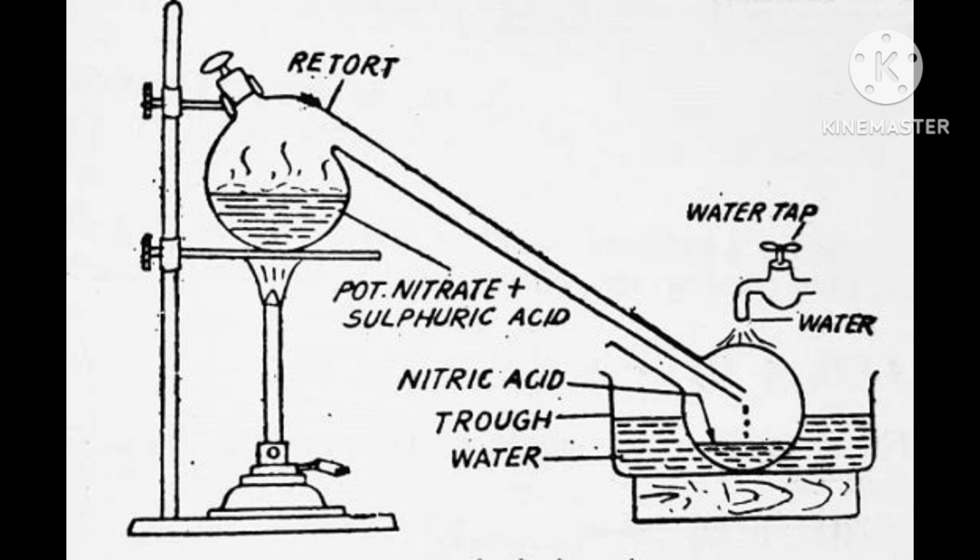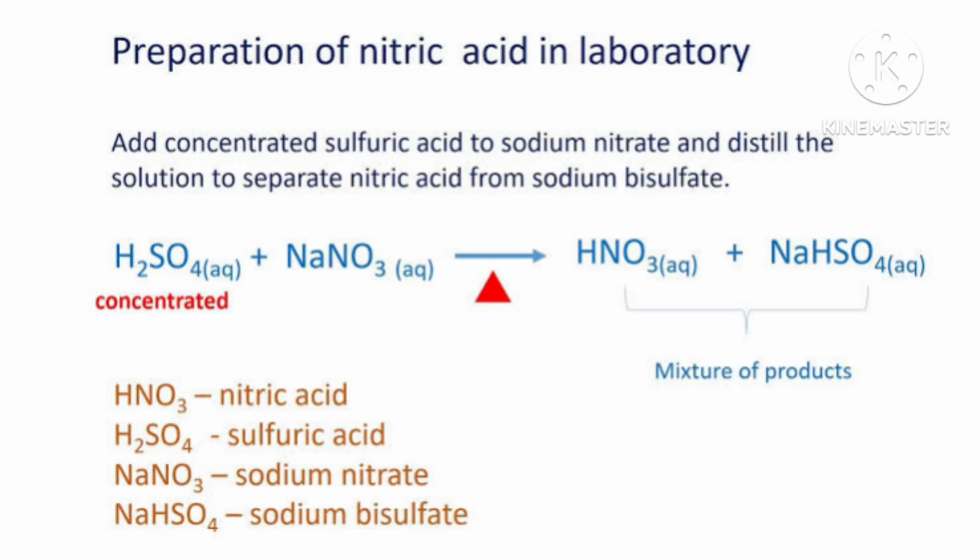Concentrated nitric acid also oxidizes non-metals and their compounds. The examples I am telling: iodine is oxidized to iodic acid, carbon to carbon dioxide, sulfur to H2SO4, and phosphorus to phosphoric acid.